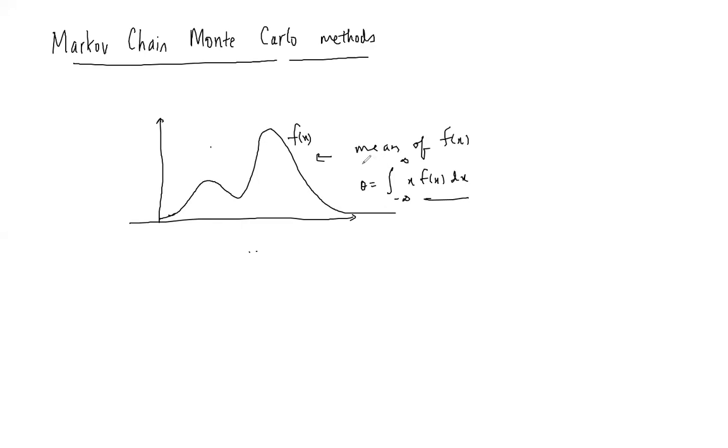Now, if you use the MCMC method, this is how one particular algorithm called the Metropolis-Hastings algorithm actually works. So I'm just going to illustrate to you what is happening in that algorithm.